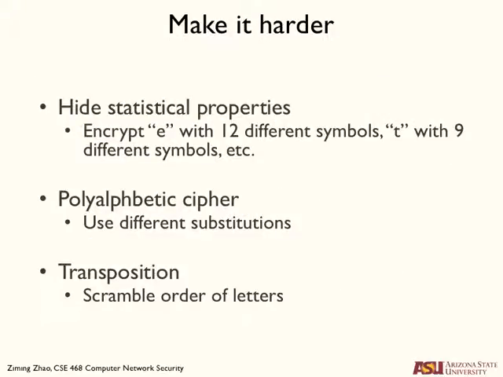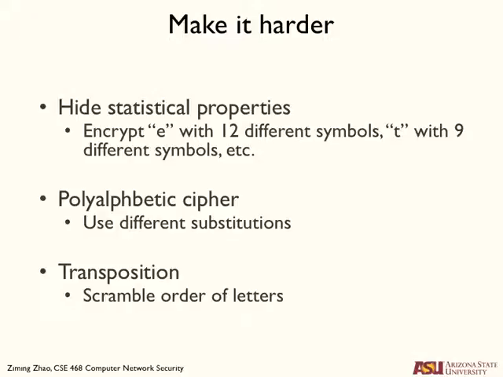So how can we make it harder for the attackers to crack? We are going to try to hide the statistical properties. For example, if we have an E in the plaintext, in the ciphertext we try to generate different letters for this plaintext E, maybe 12 different symbols. And this is called the polyalphabetic cipher.